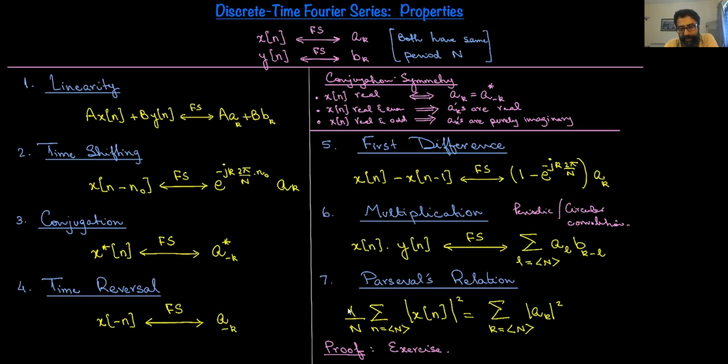The average power in the discrete time periodic signal can be obtained as simply the sum of the absolute squared Fourier series coefficients. The difference, of course, is that you're not summing from minus infinity to plus infinity, but rather over a finite interval of length capital N. The proof for this, once again, I'm leaving off as an exercise. I think it's one of the end of chapter problems anyway.